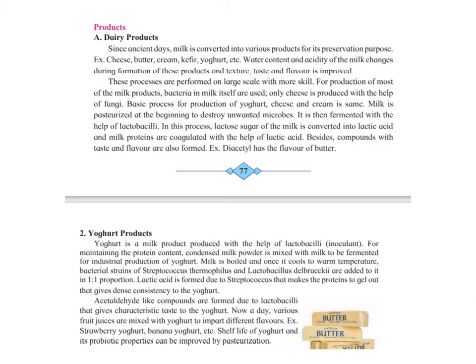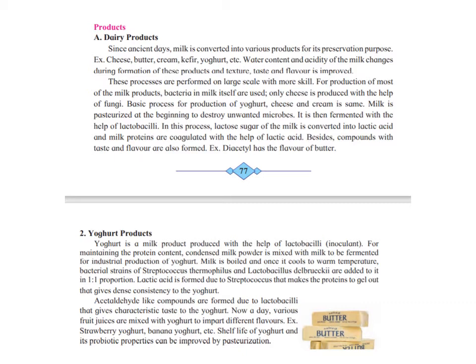Now here, normally if you see, milk is sweet to taste. Why is milk sweet to taste? Because it contains a sugar called lactose. Now when the fermentation process occurs, that means you are adding lactobacilli, that is the bacteria, these bacteria start converting this sugar into an acid called lactic acid.